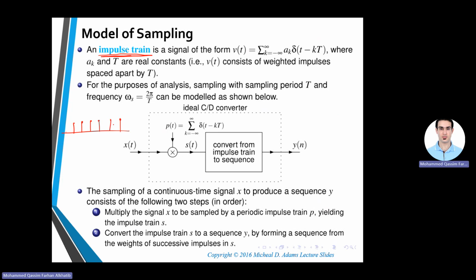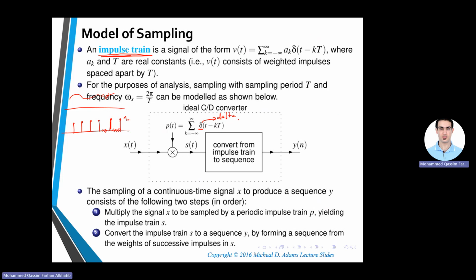So when you multiply any function with this train of impulses, and these pulses are of value 1, you basically remove the values in the function that do not fall on the indices of the impulses. And this is what we call a delta function. More about it in the second lecture.